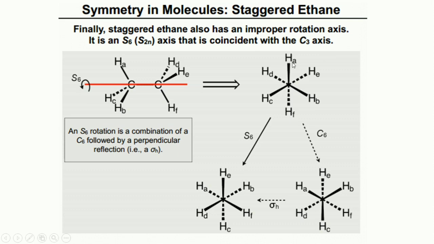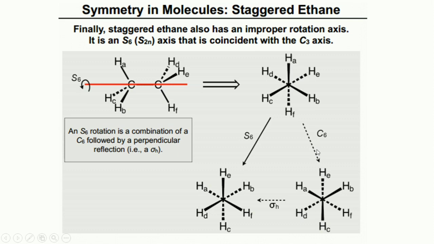Here we can see that if we rotate the molecule 60 degrees anti-clockwise, what will happen? HA will go exactly to the HD place, and HD will shift to HC, and HC will take the position of HF, and HF will take the position of HB, and HB will take the position of HE, and HE will subsequently take the position of HA.